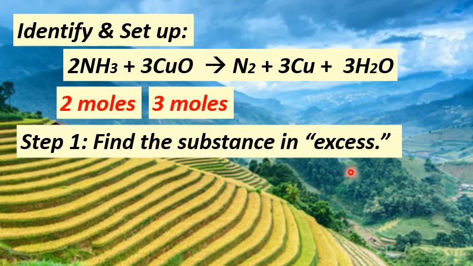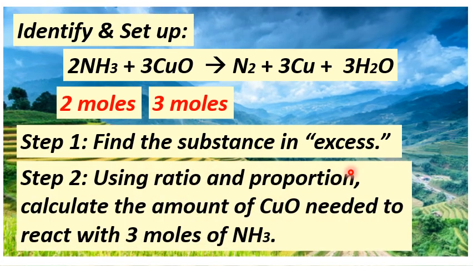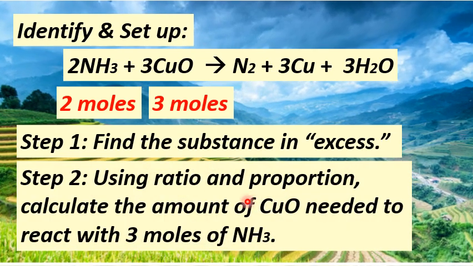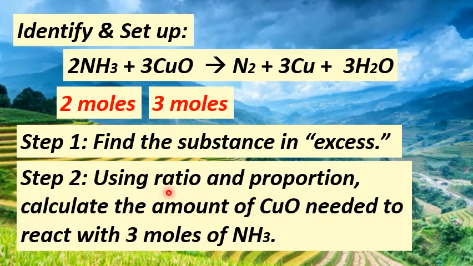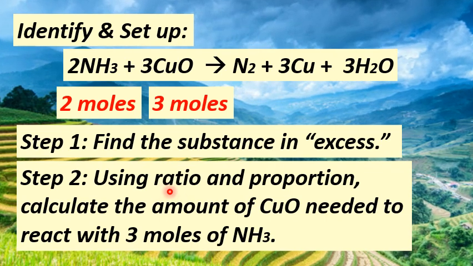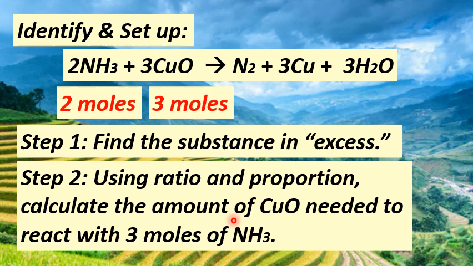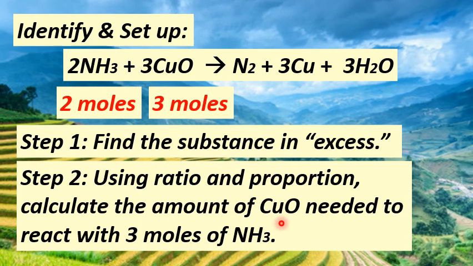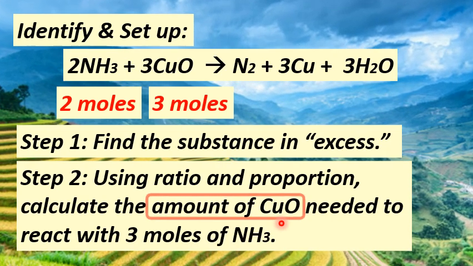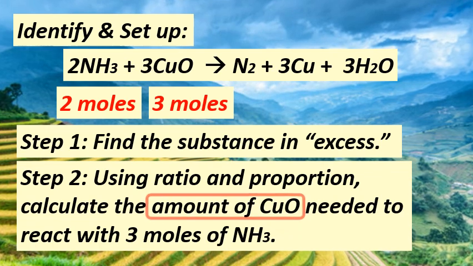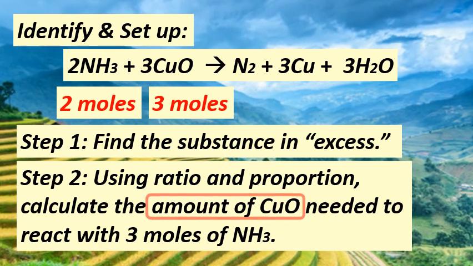And then, step 2, we will use the concept of ratio and proportion in calculating the amount of cupric oxide that is needed to react with 3 moles of ammonia.